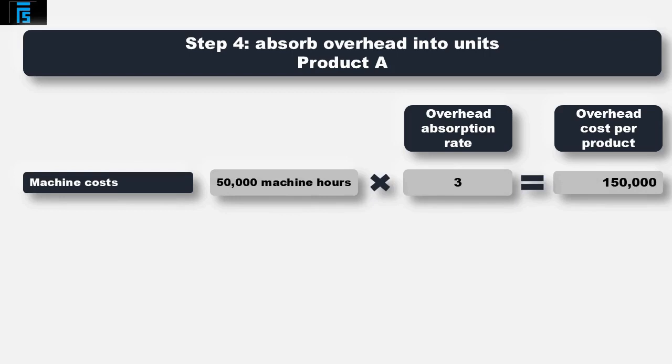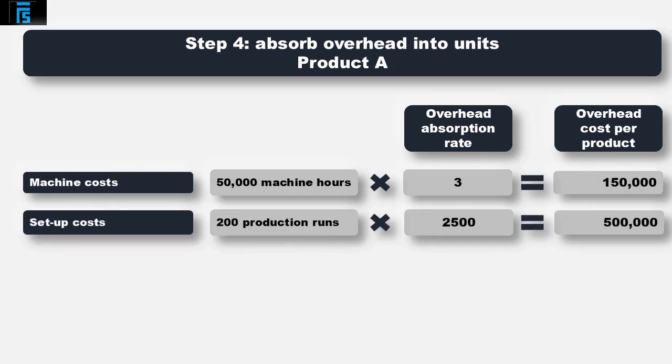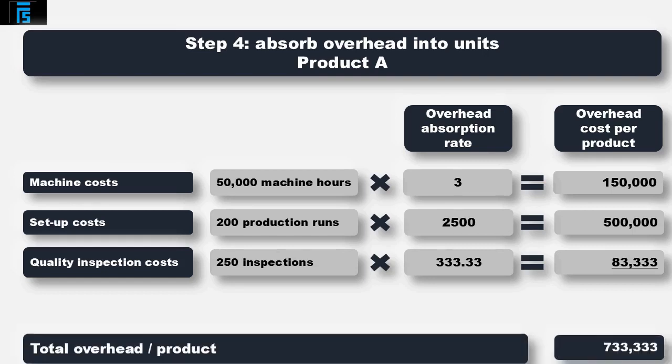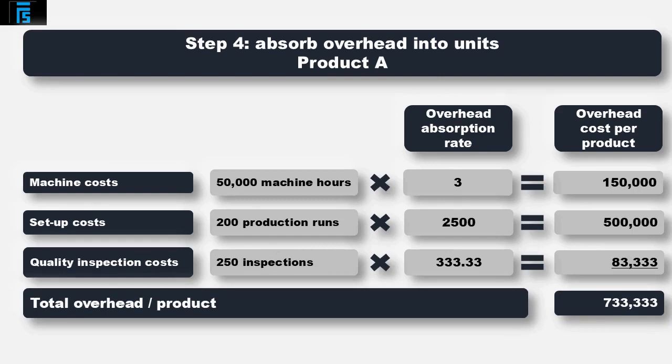Setup costs of 500,000 are absorbed, being 200 production runs at 2,500 for each production run. And quality inspection overhead of 83,333 is absorbed, being 250 inspections at an overhead absorption rate of $333.33. Total overhead absorbed by product A equals 733,333.